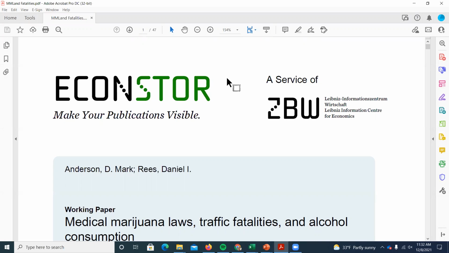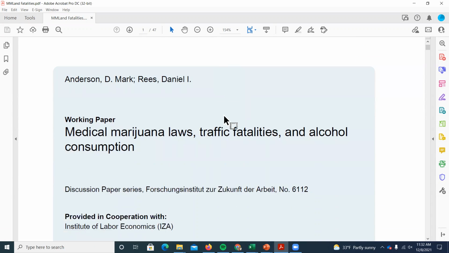Okay. All right. So this is a pretty popular line of research recently, which is, a lot of different states are legalizing marijuana. This one I think was just looking at medical marijuana because it's a little bit older. But there's some interesting questions that you can have.